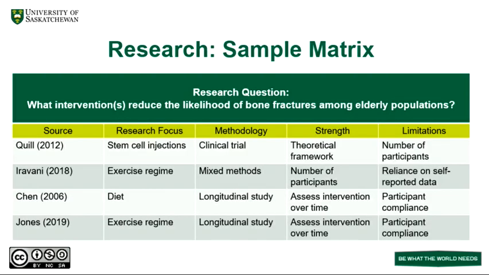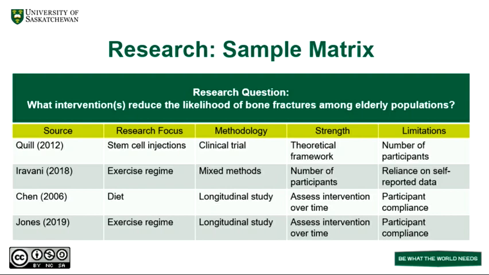So here we have an example of a matrix that has been populated with a number of different studies clustering around this topic: what interventions reduce the likelihood of bone fractures among elderly populations. So we have our citation information, our source information, but then we have some columns that are helping to make the study information more relevant to our literature review.